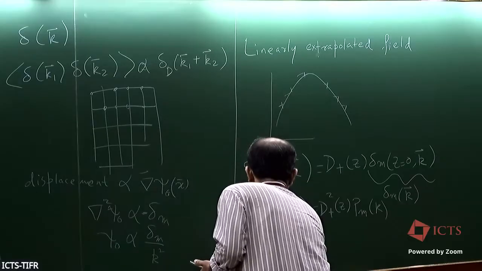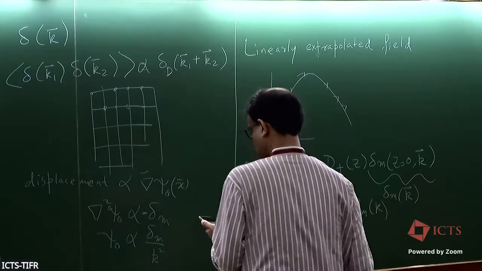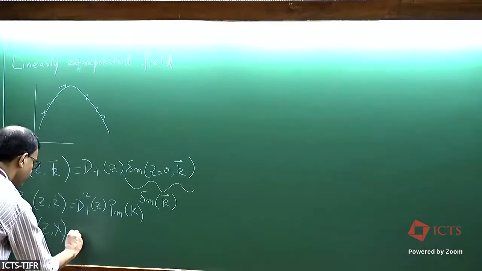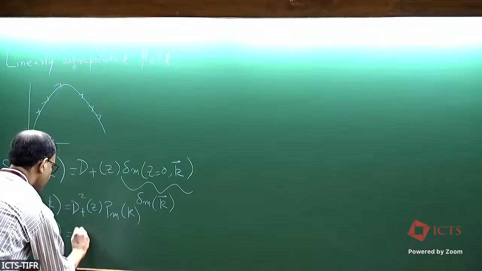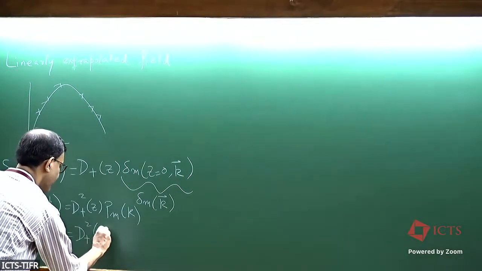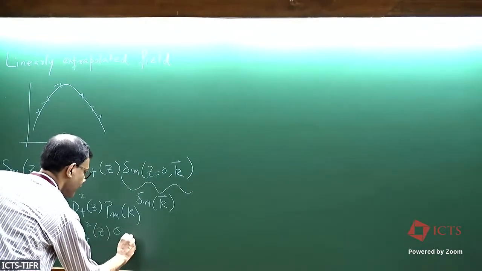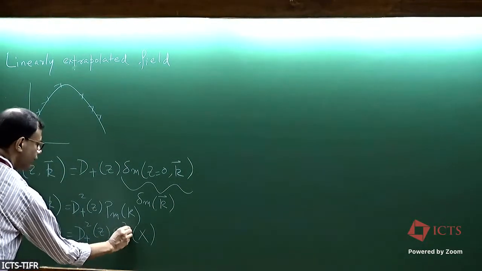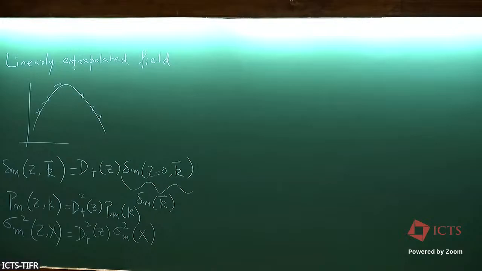For example, sigma m squared of z, smoothed over some x, is also D plus squared of z times sigma m squared. These are all linearly extrapolated quantities.